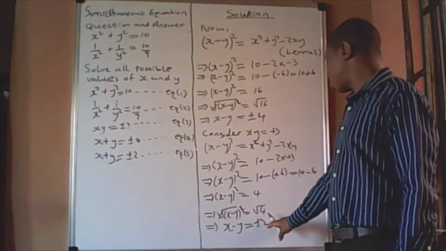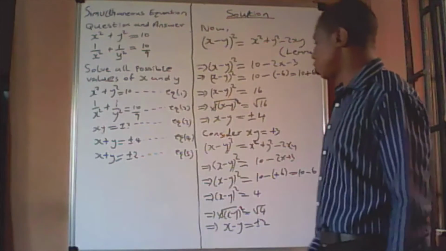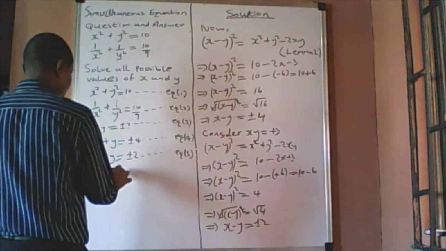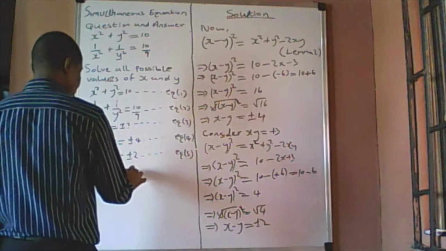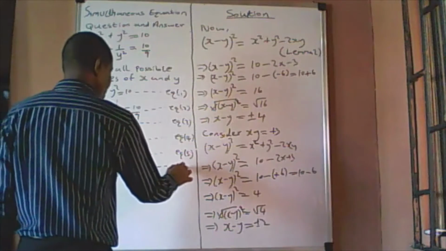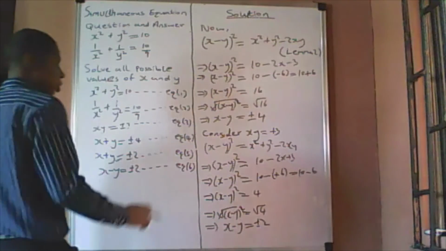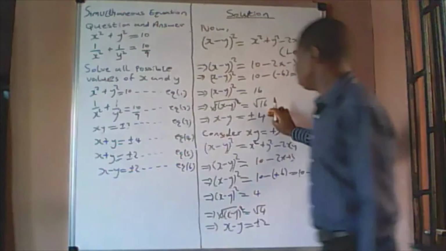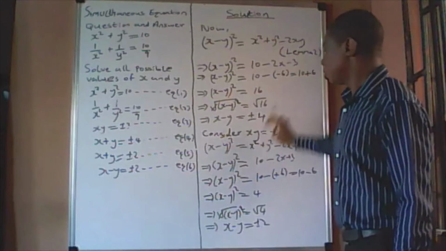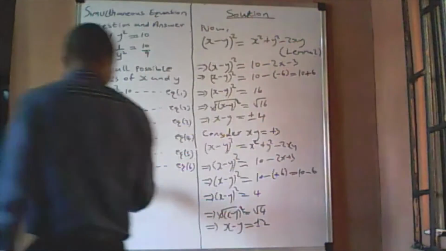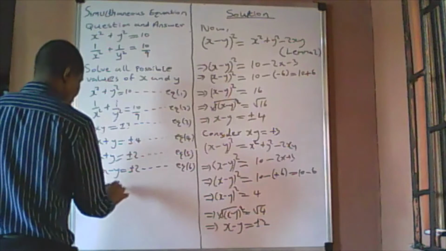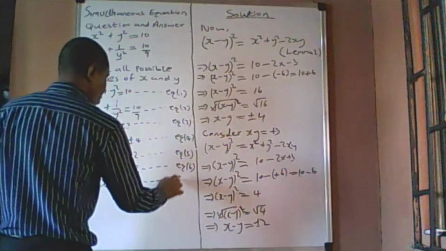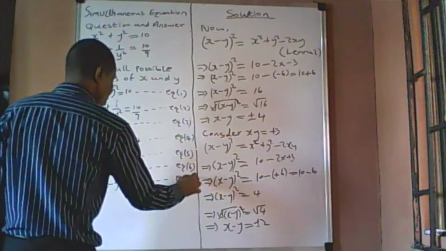Let's call this equation 6. This one is derived from lemma 2. Call it equation 7: x minus y equal to plus or minus 4.